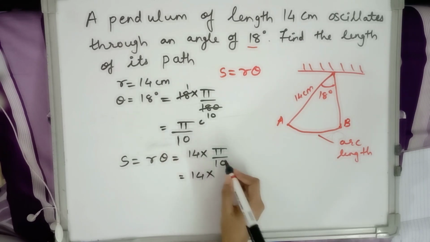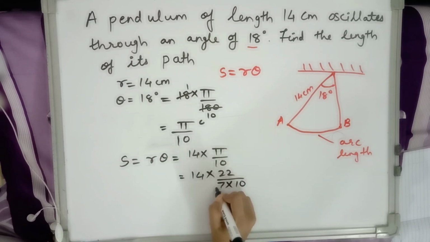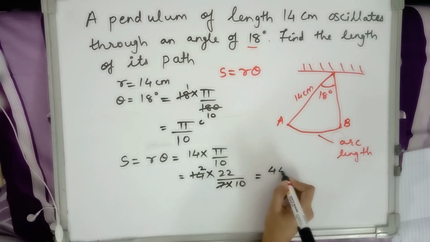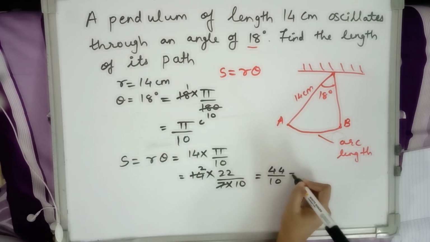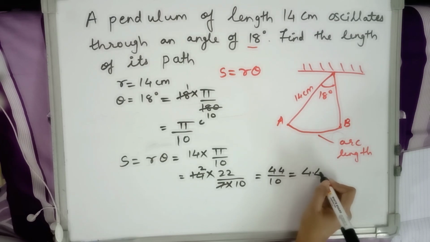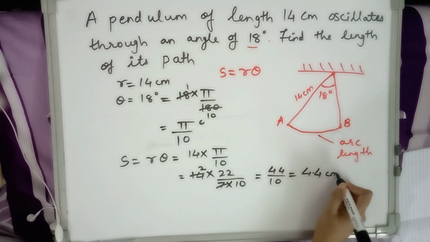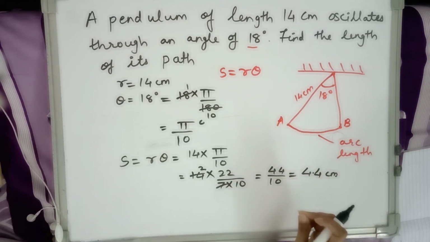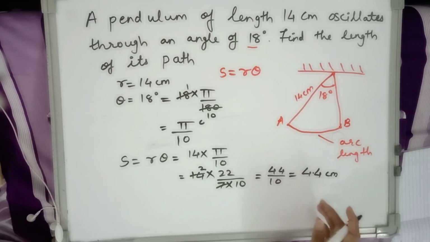We'll put the value of pi as 22 upon 7 into 10. 7 twos are 14. 2 into 22 is 44 upon 10, which will be equal to 4.4 centimeter. So the length of the path will be 4.4 centimeter.